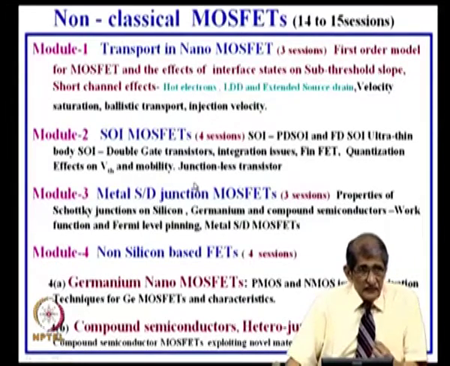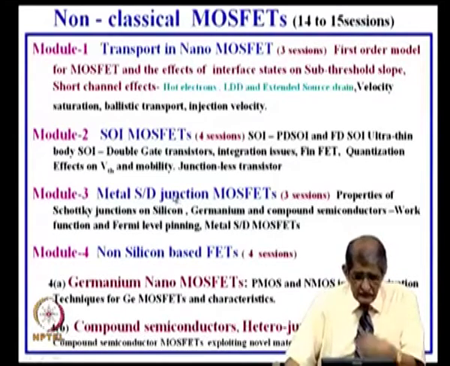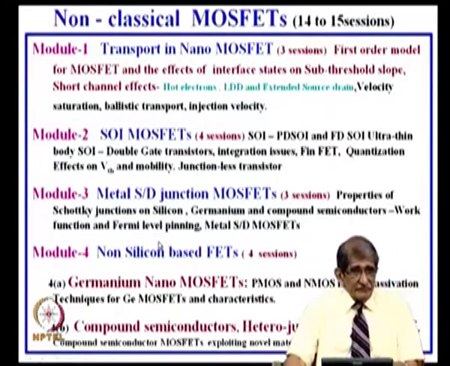So, in order to improve the mobility of the carriers, one way is to use silicon itself and ensure that the doping levels are very low. In conventional devices, you have to go to very high doping levels, 10 to the power 16, 17 per centimeter cubed, so that the short channel effects are reduced. Now, that is achieved by the SOI MOSFET.